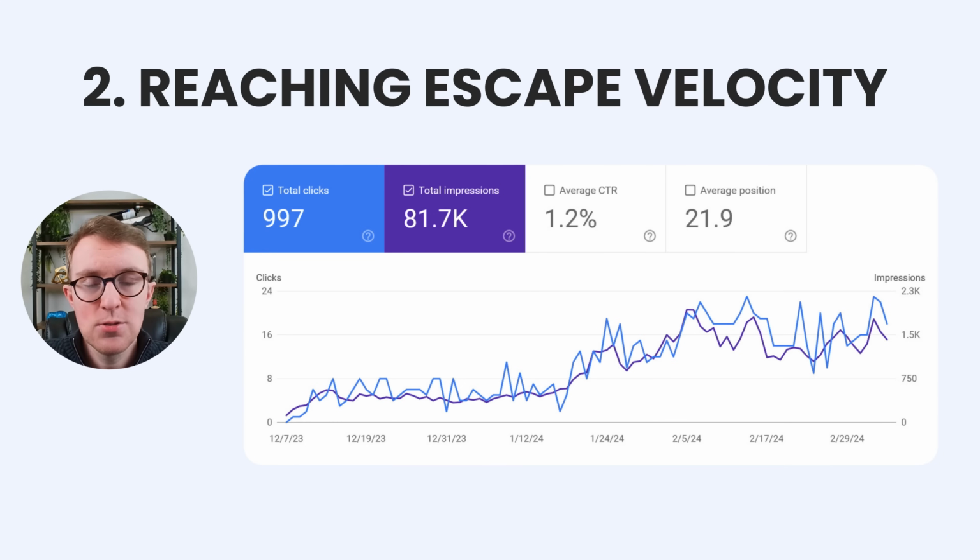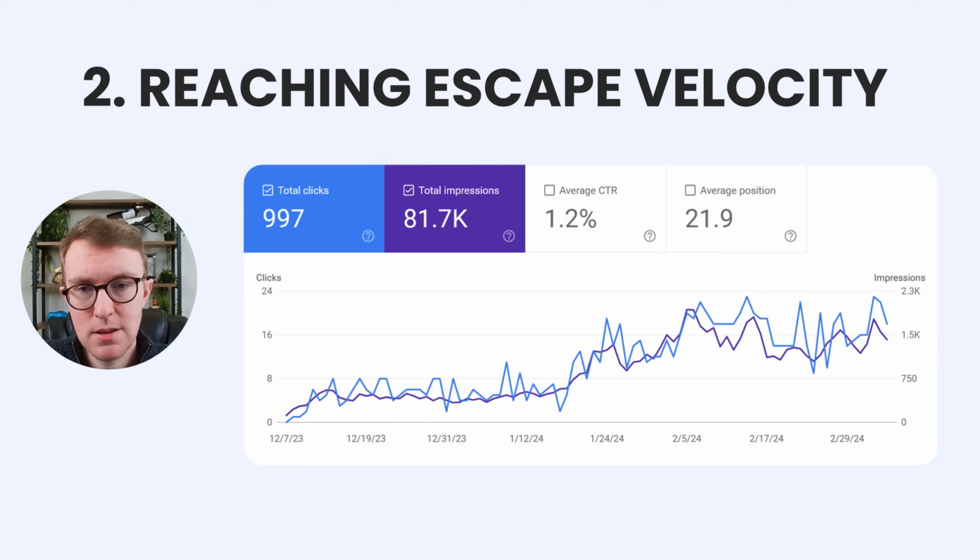Now we're getting to my favorite of the 4 types of graphs. These basically are the ones that reach escape velocity, as I call it, meaning they no longer have 0 click days. So the graph is bouncing along at 0, 1, 0, 1 per day.